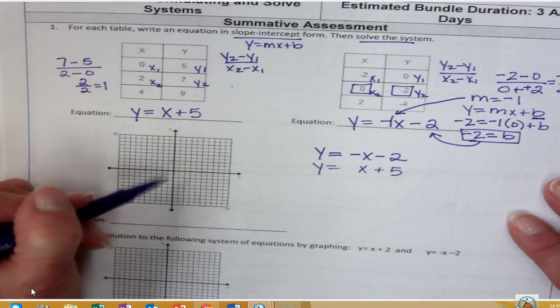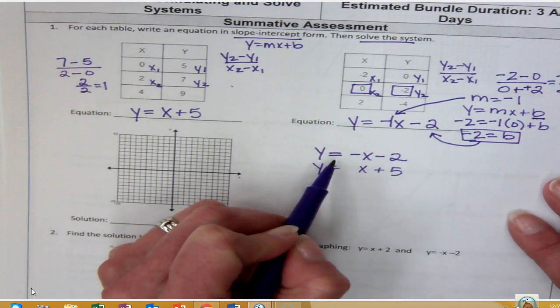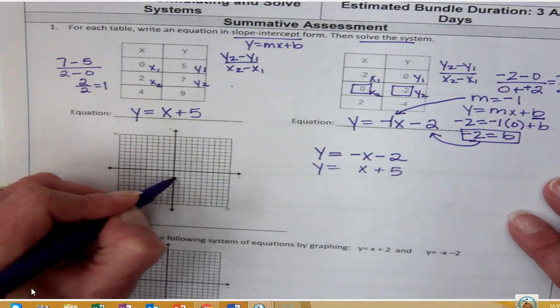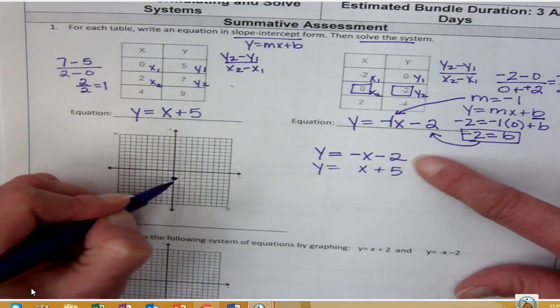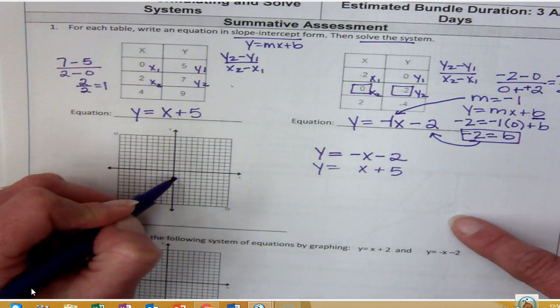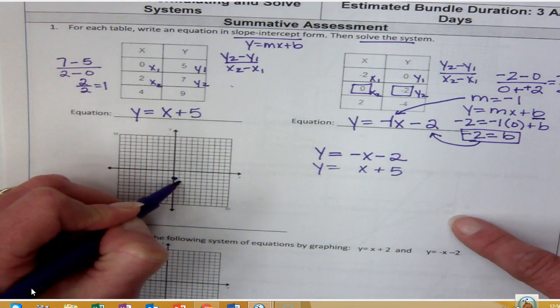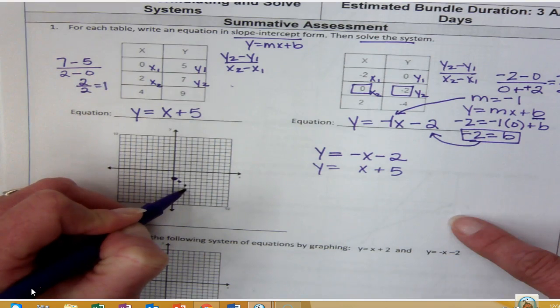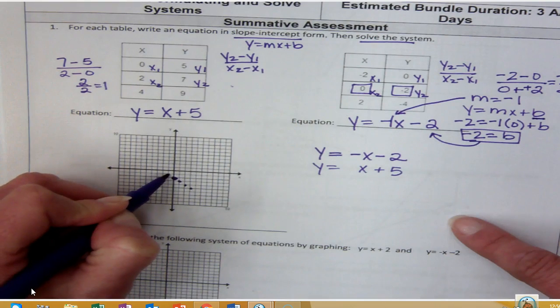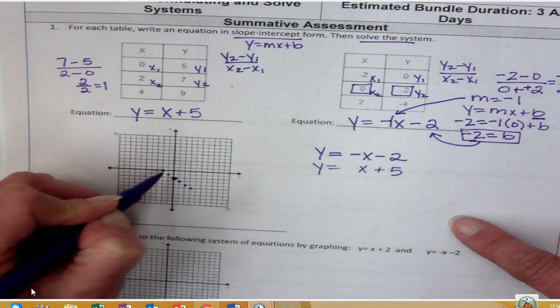So if I were to graph y equals negative x minus 2, I'm going to go down to my y-intercept, which is negative 2. My slope is negative 1, so I can go down 1, right 1, down 1, right 1, or I can go up 1, left 1.